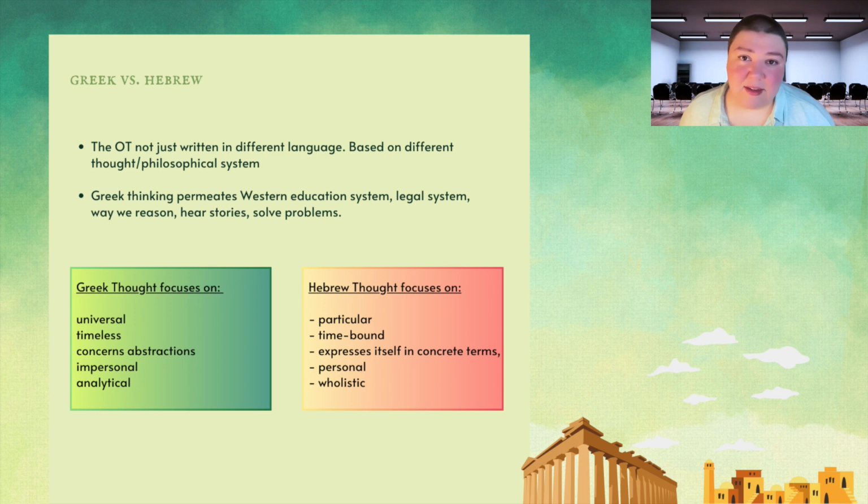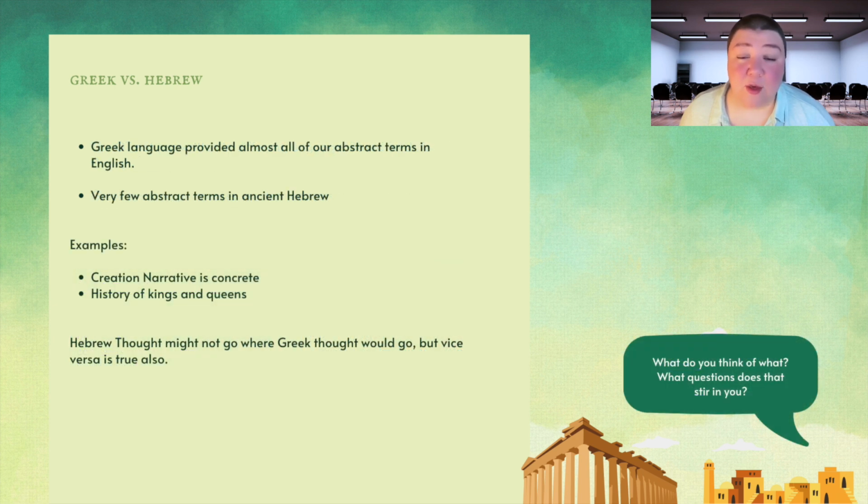Now, in our English language today, the Greek provided almost all of our abstract terms. The root words are often from Greek, but from Hebrew, none of them. If you look at a Hebrew lexicon, you will find very few abstract terms. When you consider the creation narrative the Bible gives us, for example, the story is concrete and specific.